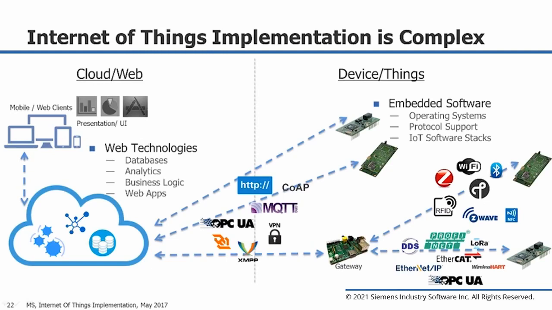So we started with a very simplistic view of IoT implementation, but as you can see, due to wide range of options, the overall view becomes quite complex. And there are different type of technologies involved in implementing an end-to-end IoT system. So the question is, how do you go about implementing IoT? The good news is that there are many commercial solutions available in the market that help simplify this implementation.